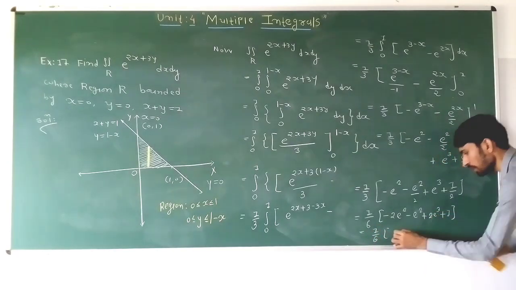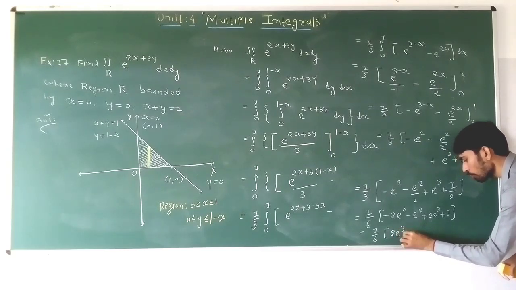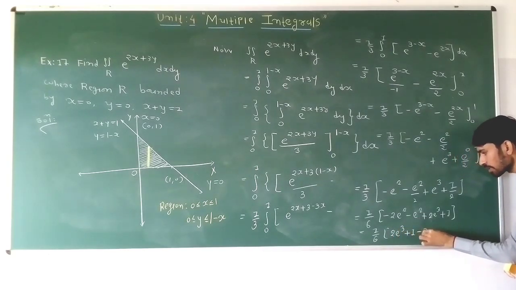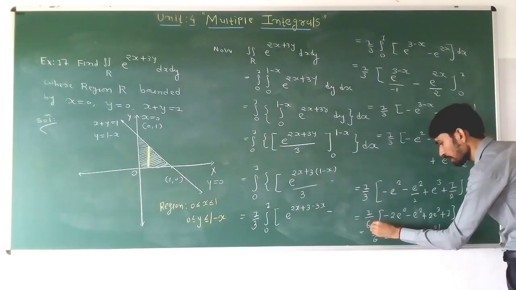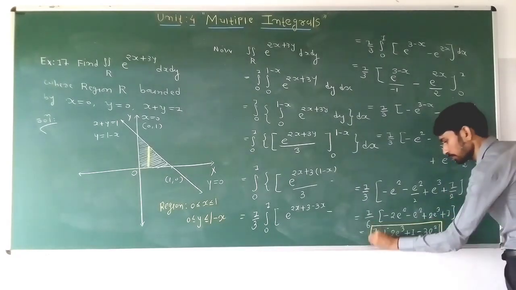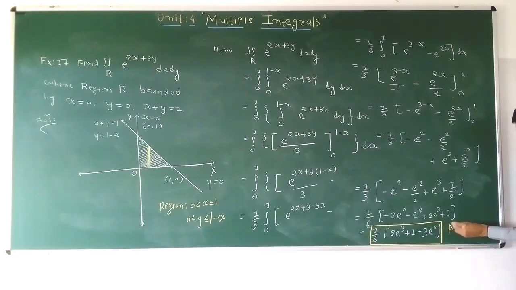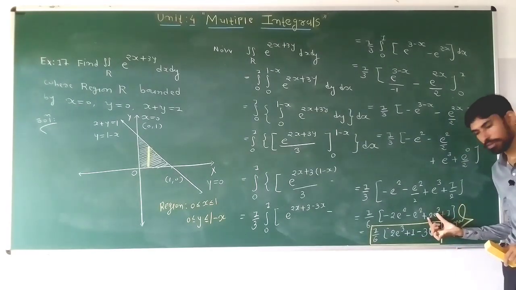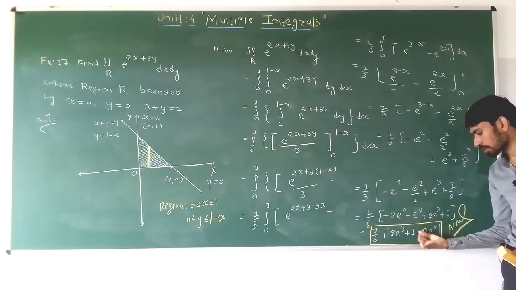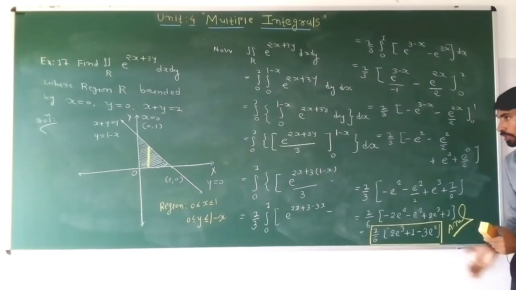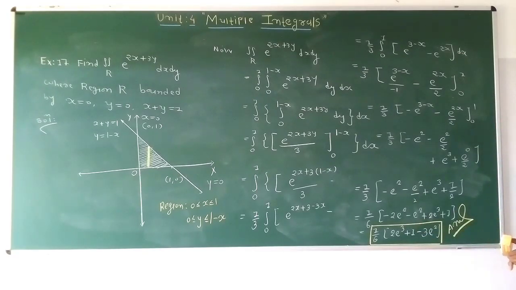Friends, let us write the positive term first. That means 2e cube plus 1 minus 3e square. So this is the final answer of our integration. So this is the solution of example number 17.